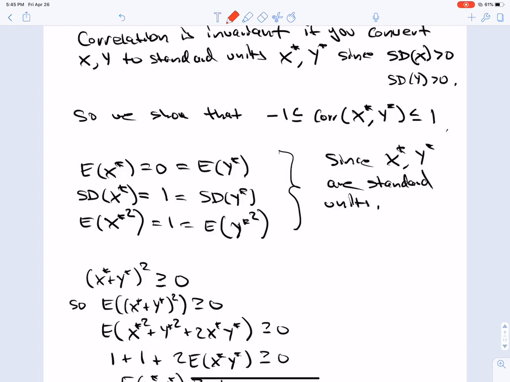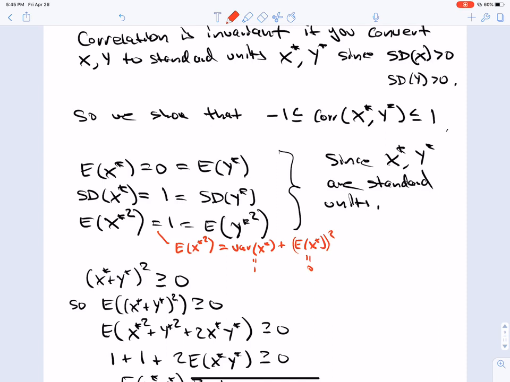Furthermore, the expectation of X star squared is 1, because the variance of X star is 1. The expectation of X star squared is the variance of X star plus the square of the expectation of X star, which is 0, so this is 1. And similarly for the Y's.